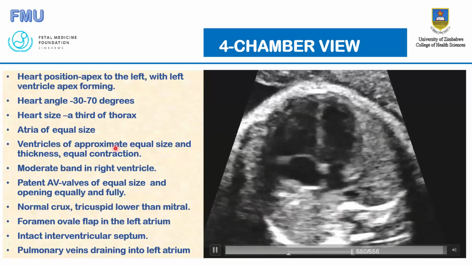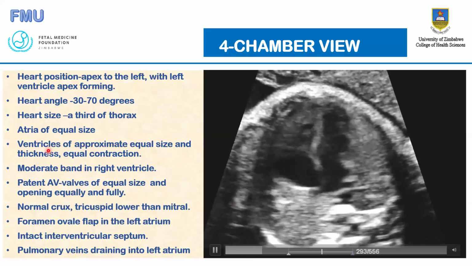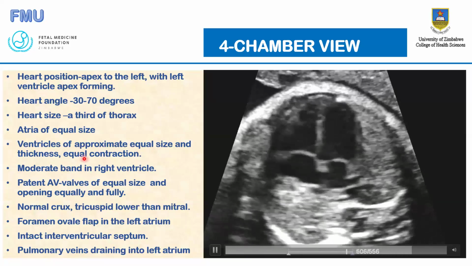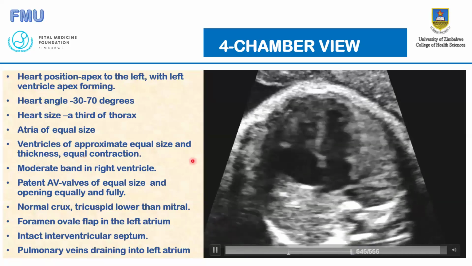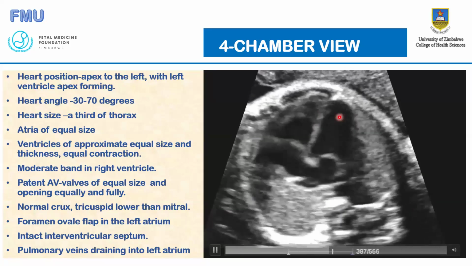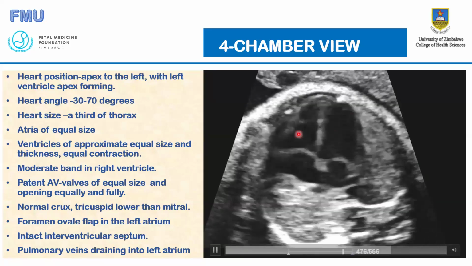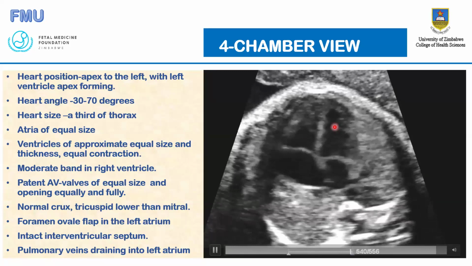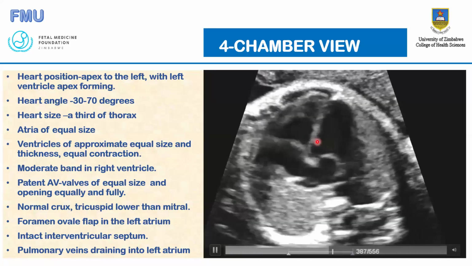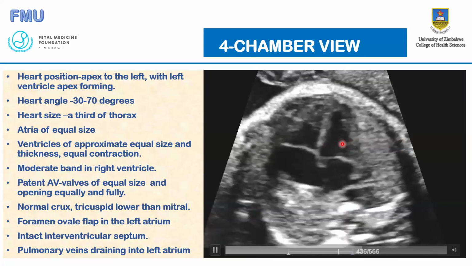We should make sure that the ventricles are of appropriate size, equal size and thickness, and equal contraction. As the heart beats, as I was saying, when you eyeball the heart, they should look almost equal. If the heart looks marginally bigger on the right, it is not a big issue.